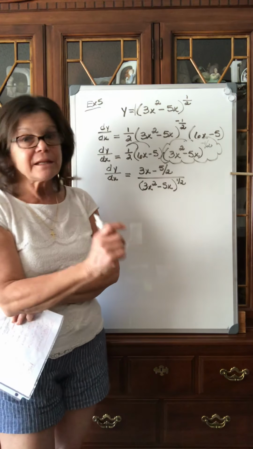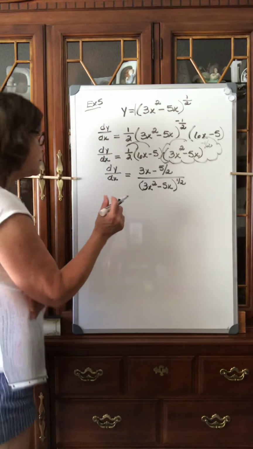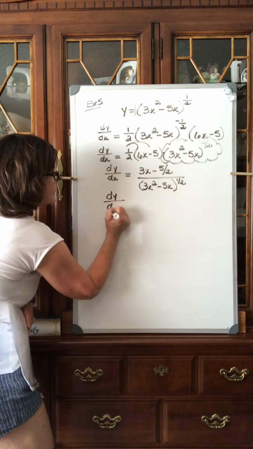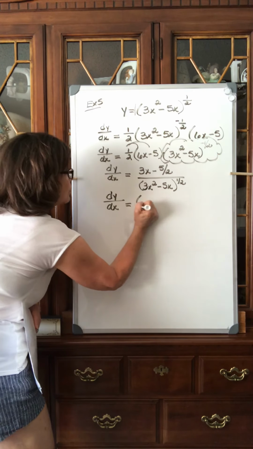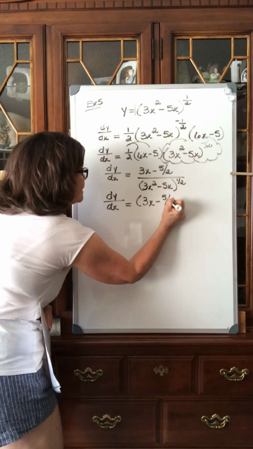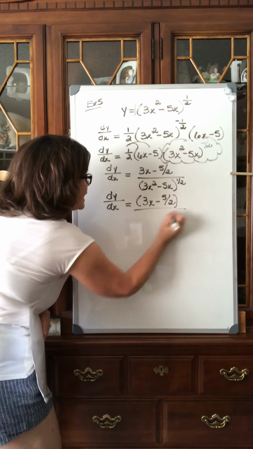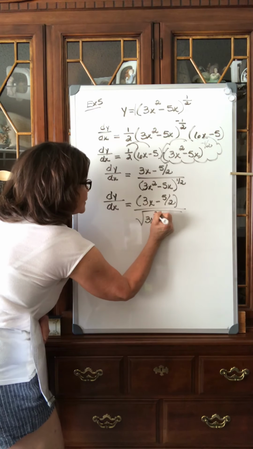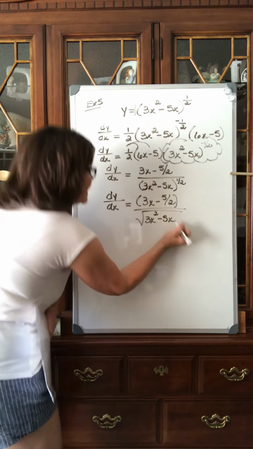Remember that anything to the 1/2 power is the square root, so my first derivative, dy dx, is equal to 3x minus 5/2 divided by the square root of 3x squared minus 5x.